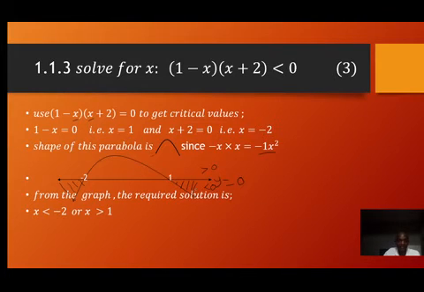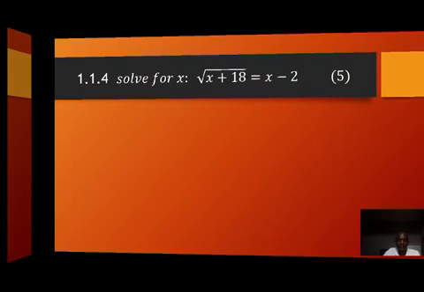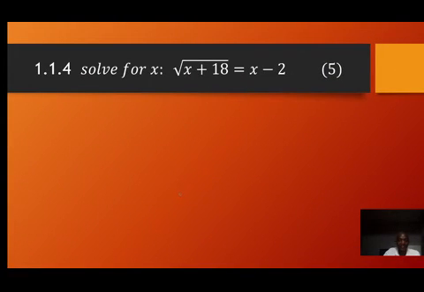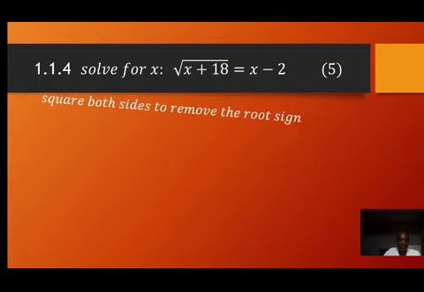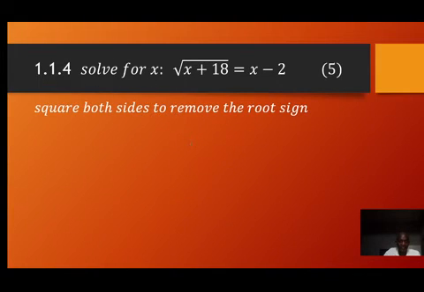Let us proceed. Then another question, 1.1.4, says solve for x such that root of x plus 18 equals x minus 2, and they give you 5 marks. Usually in this case, we remove the root sign by squaring both sides.